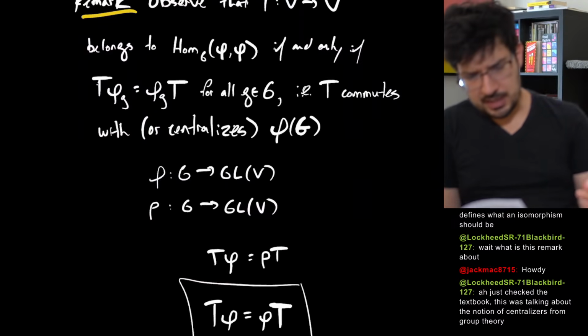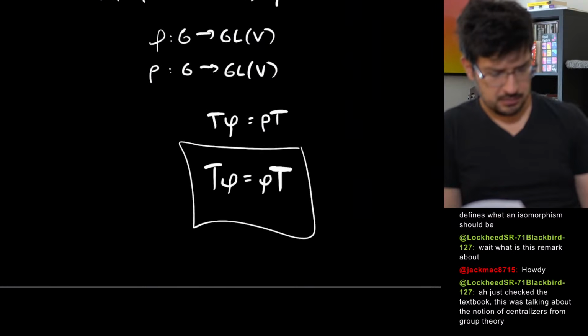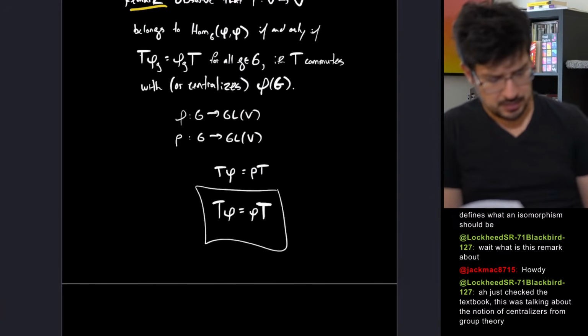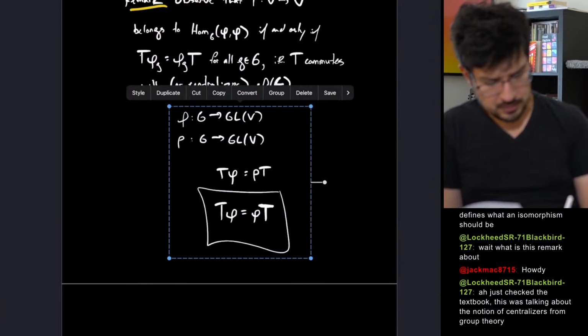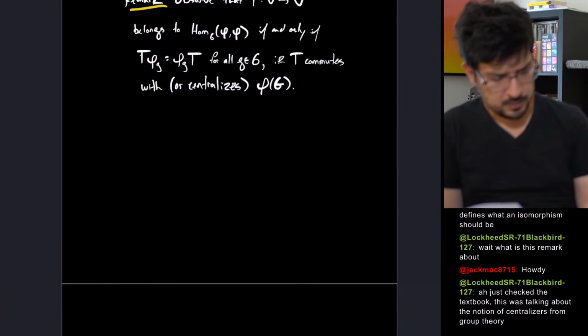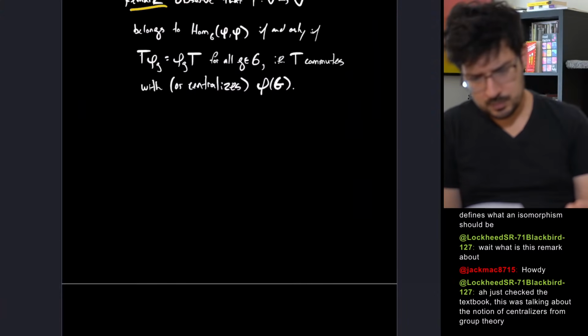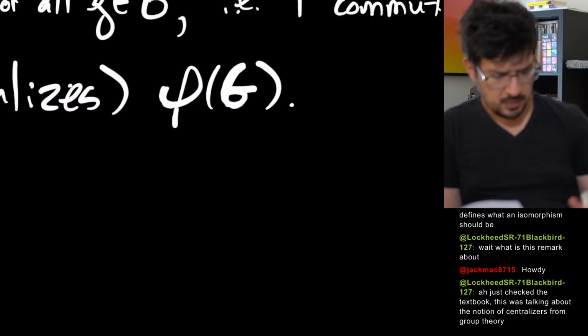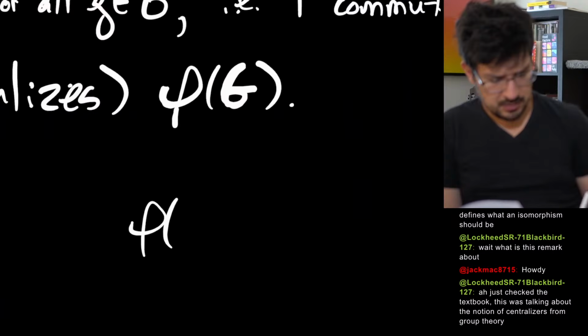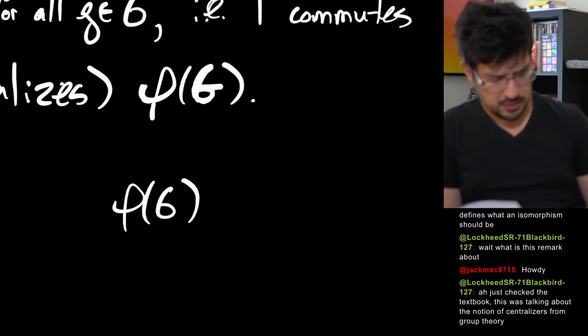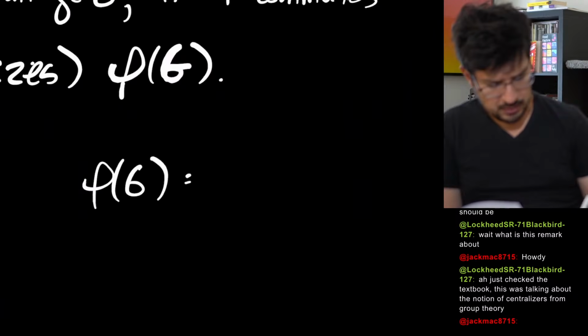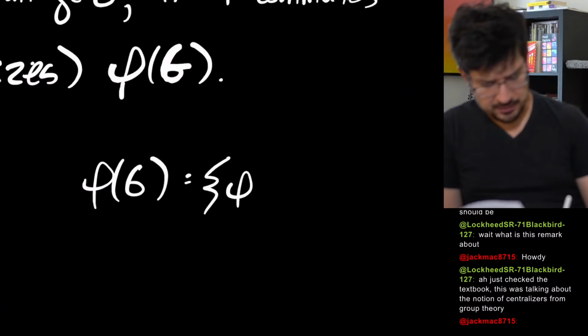In particular, the identity map is always an element of Hom(phi, phi). Okay, yeah, that makes sense. What is, I mean, what is phi g? I think that this is the set of all phi.